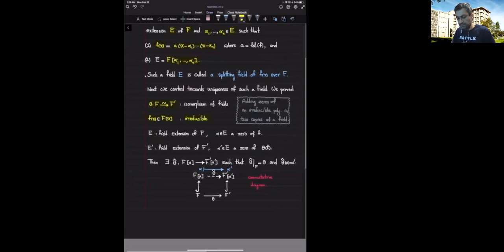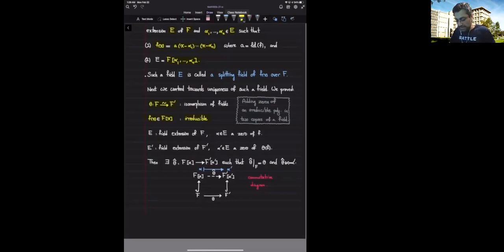Now what we want to do, we want to add a zero of f to capital F, and we want to add a zero of theta of f, the copy of this polynomial in F prime, to F prime. And we are wondering if there is a connection between these new fields.